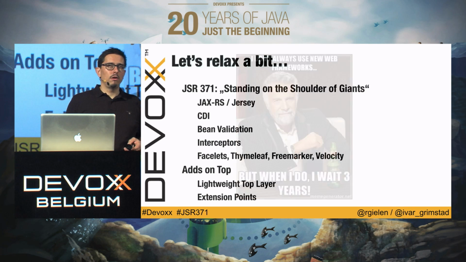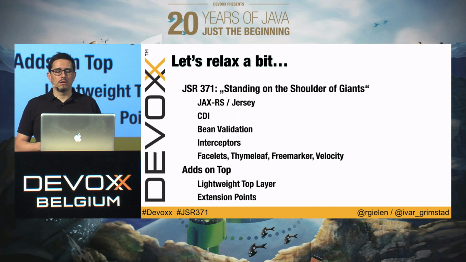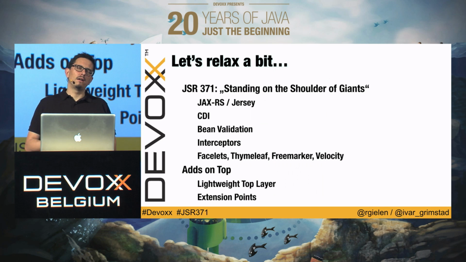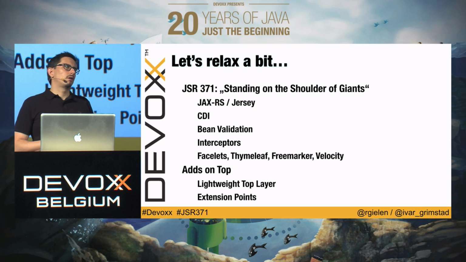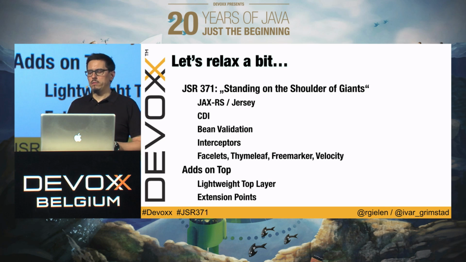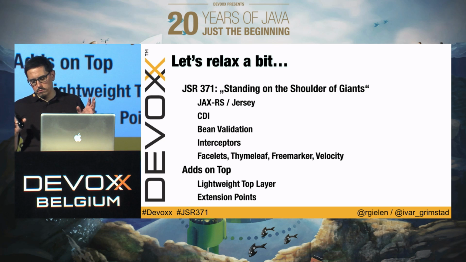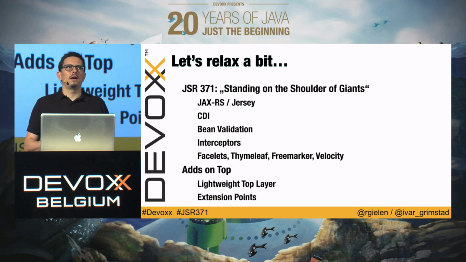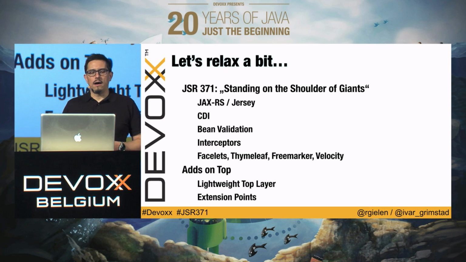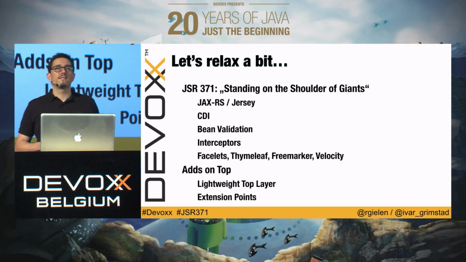But I think we don't need to be that pessimistic, because the approach the expert group took was quite cool, I would say, because they said, let's not reinvent the wheel, and let's look at what we already have. And there is a lot of good stuff in the Java EE space, which is you have JAX-RS, that is an established framework.